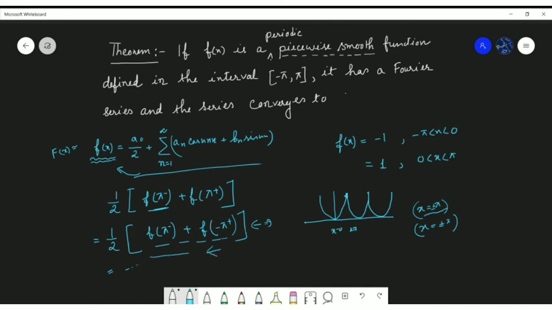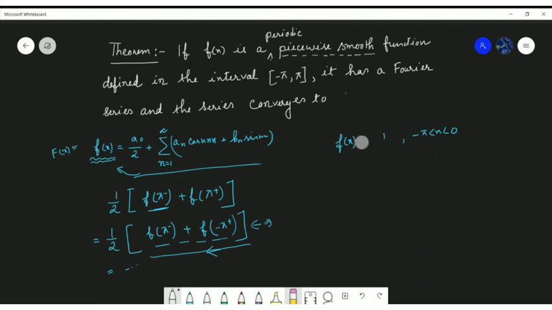And we have already observed that at a point of discontinuity, you have to take the average of the left-hand and right-hand limits at that point. When we solve some problems related to this topic, this will be clear to you. I hope you have got some idea regarding the convergence theorem.